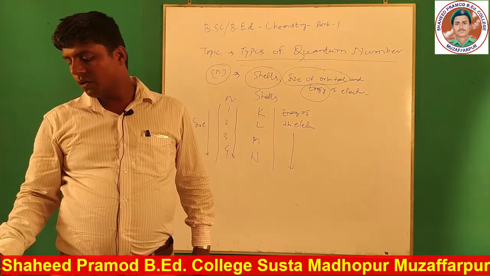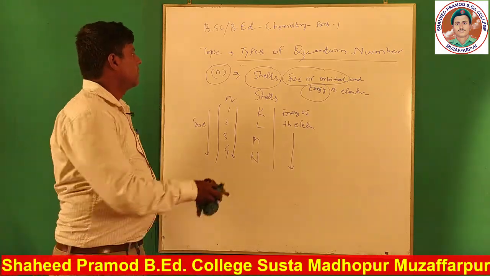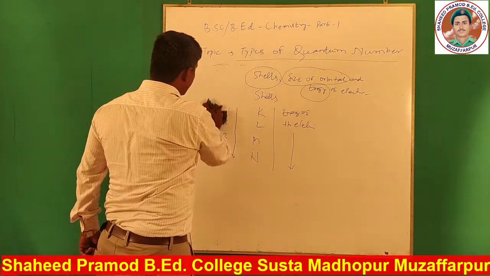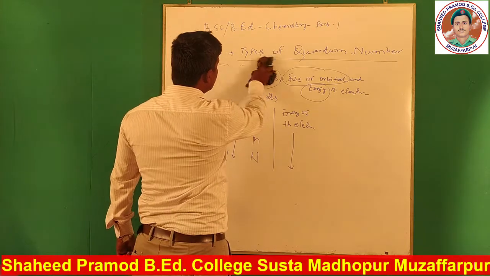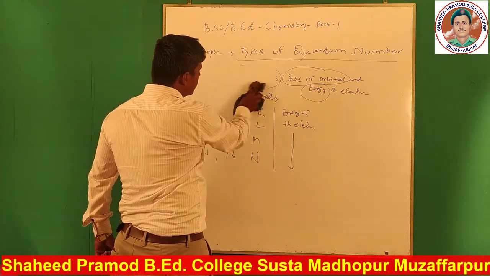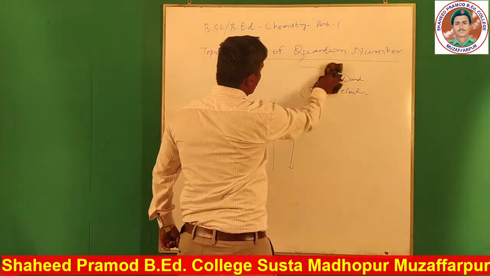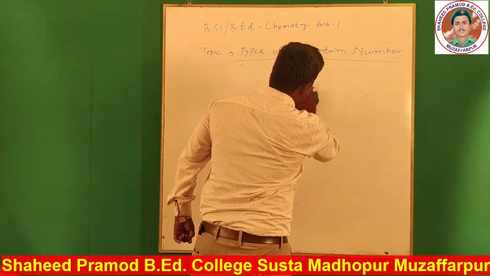Now we start today's topic, the second quantum number, called the azimuthal or angular momentum quantum number.